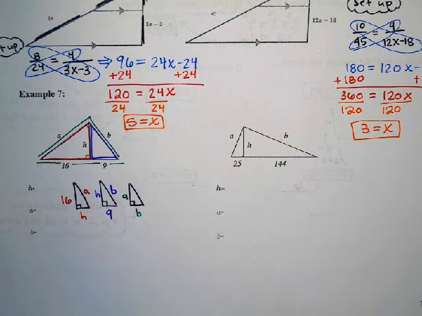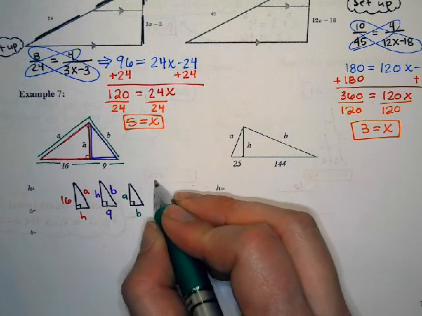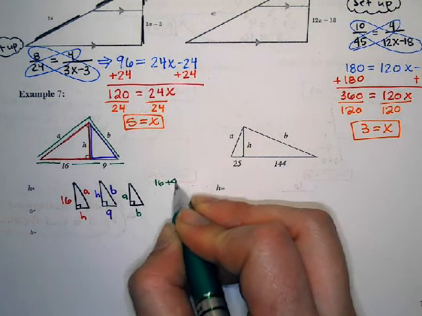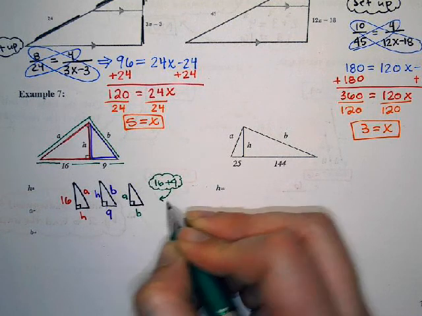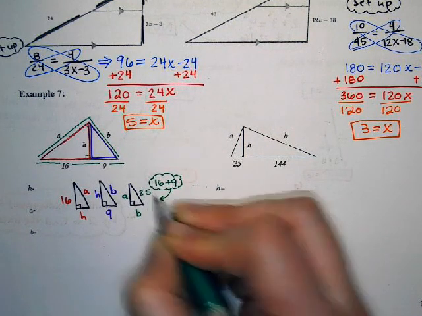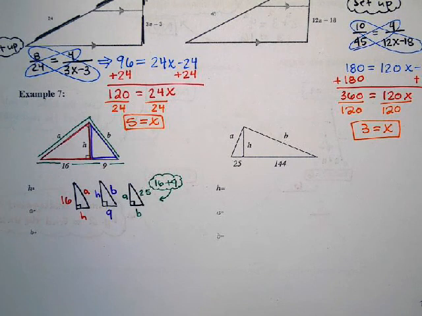B is short. A is the long. Whoa, what's the diagonal? Huh? 16 plus 9. What is 16 plus 9? 25.